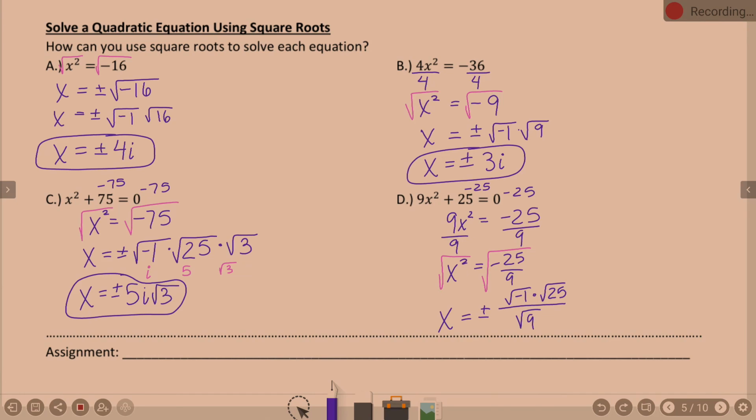So, plus or minus, the square root of negative 1 is i. The square root of 25 is 5. The square root of 9 is 3. I wouldn't write it like this as a final answer. Right now I have i times 5 over 3. I would write this as plus or minus 5/3 i.